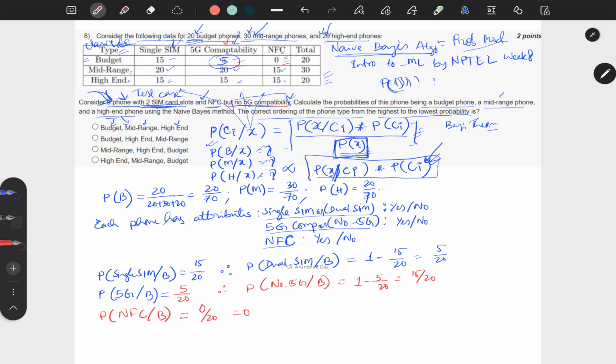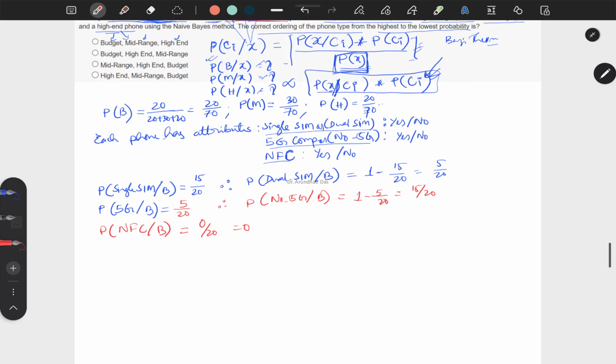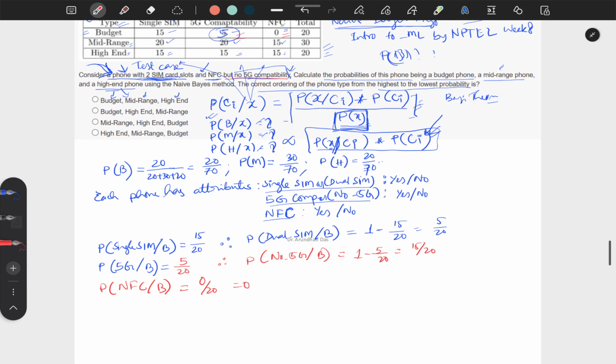In the same way, we can calculate for the mid-range phones.